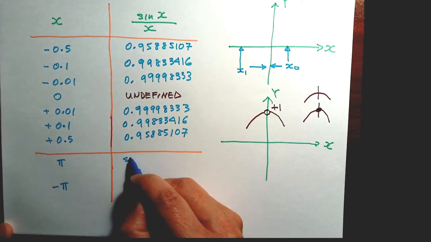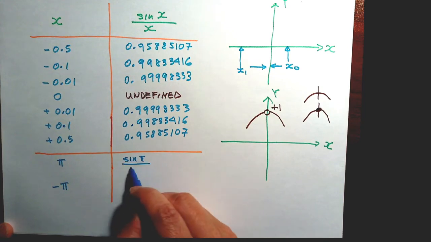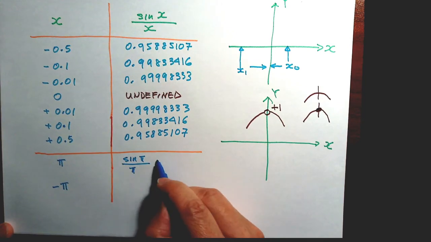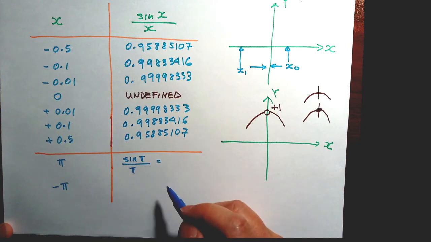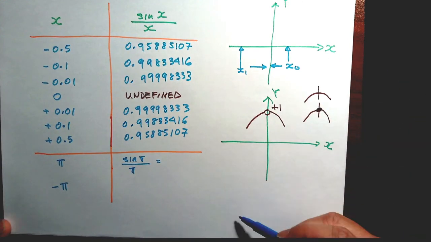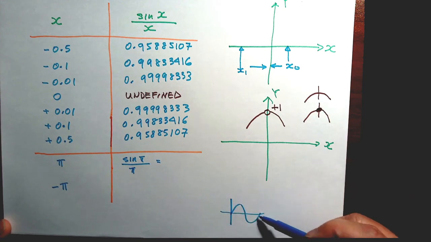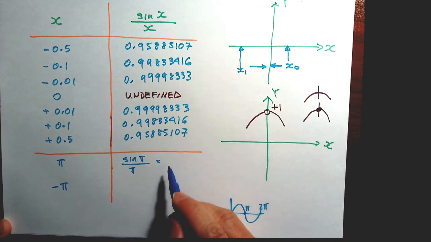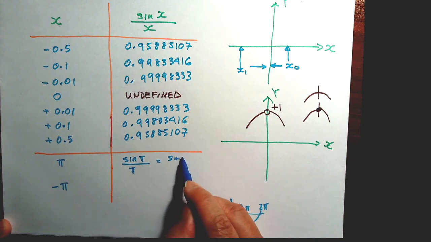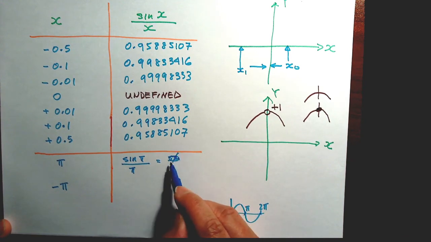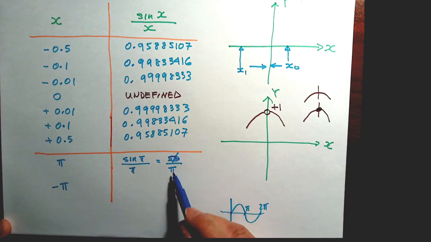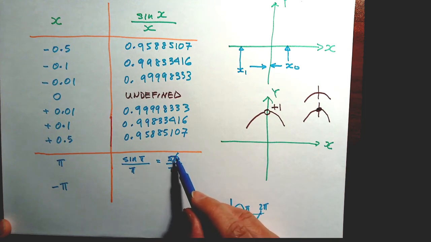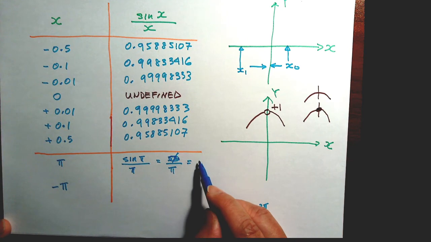So sine pi over pi is, sine pi is 0. We know that because, let me draw a small sine function, right? This is 0, pi, and 2 pi. So sine pi is 0. So it's 0 divided by pi. 0 divided by any number is 0.